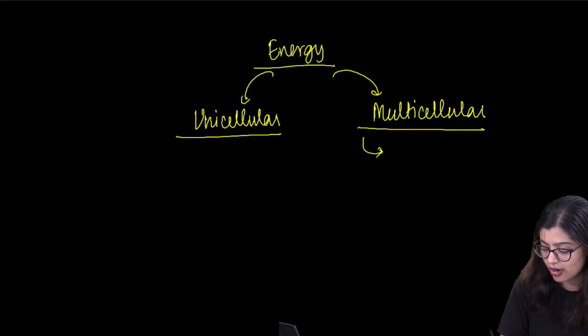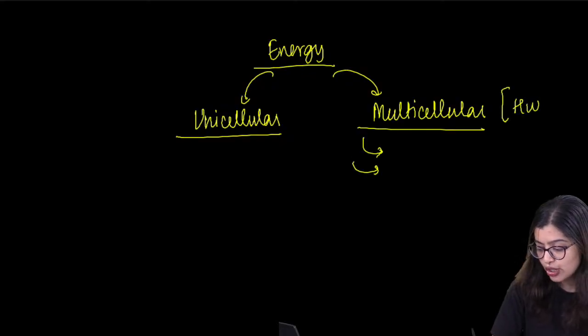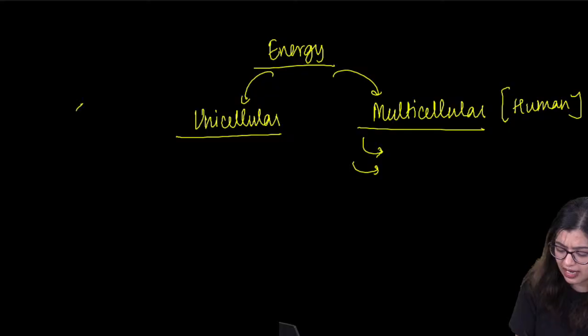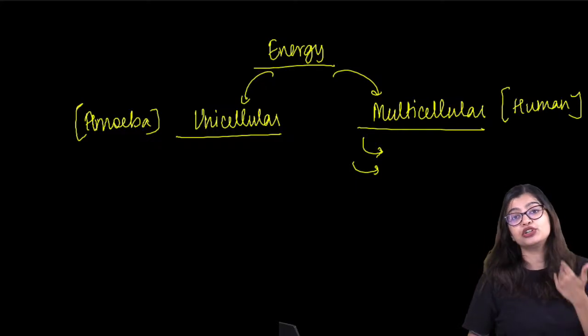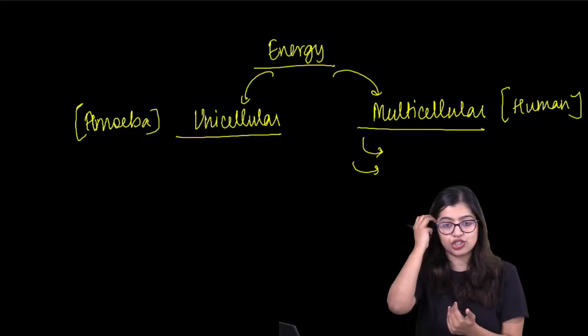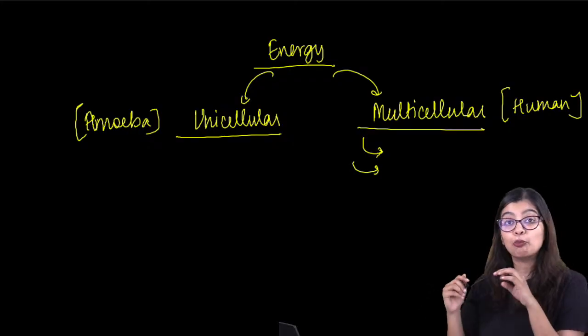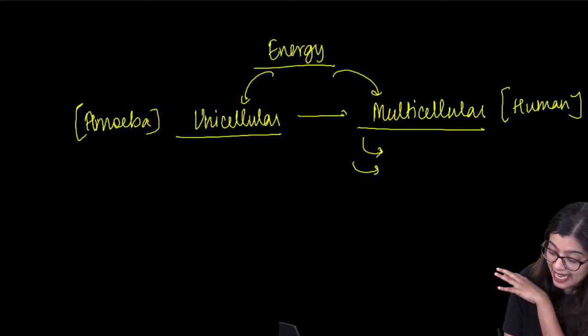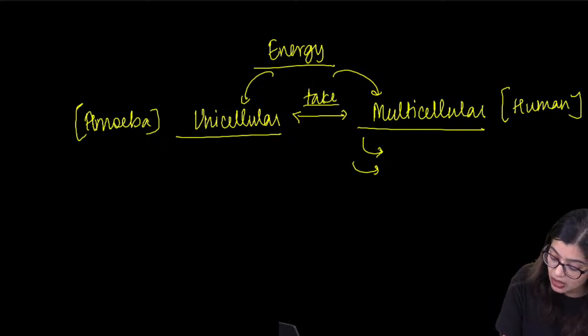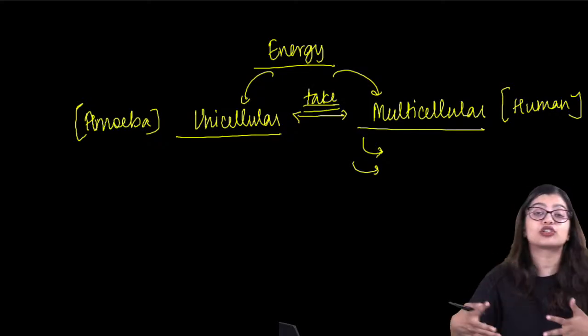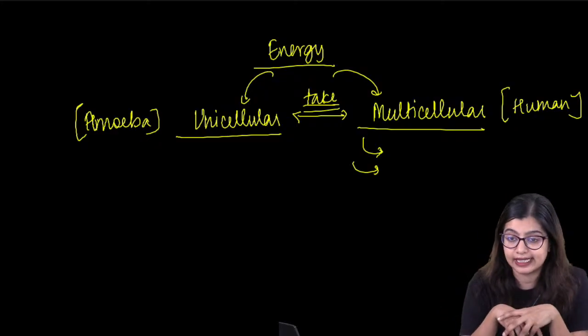For multicellular, let's take the example of humans, and for unicellular, the example of amoeba. Now both require oxygen. But my question to you is, if both require oxygen, do you think that both will take oxygen, or make oxygen available to the body, in the same way?